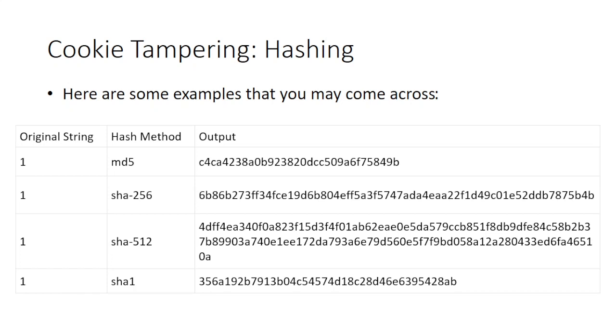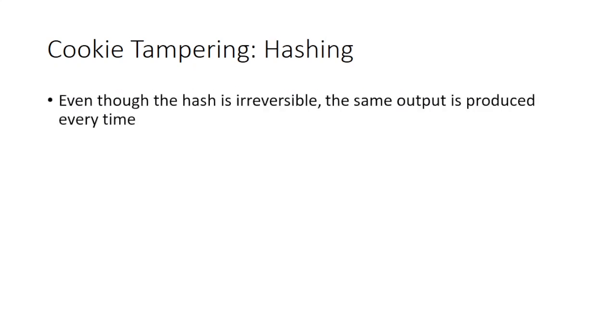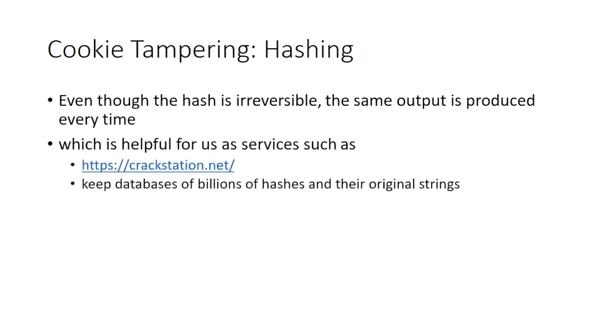Even though the hash is irreversible, the same output is produced every time, which is helpful for us, as services such as CrackStation keep databases of billions of hashes and their original strings. So using CrackStation, we could put the hash in there and see what the original string is.